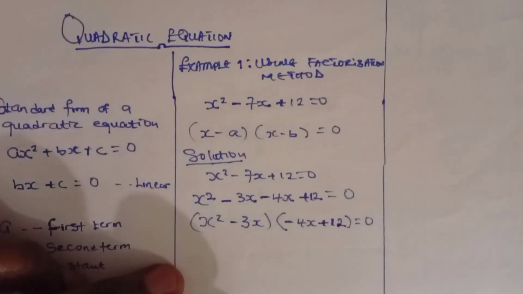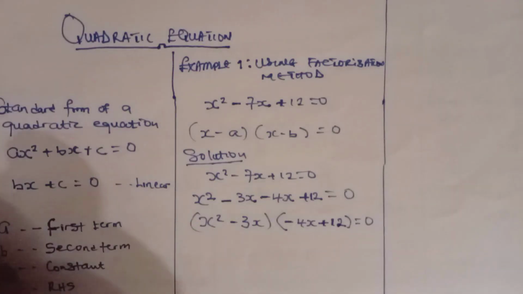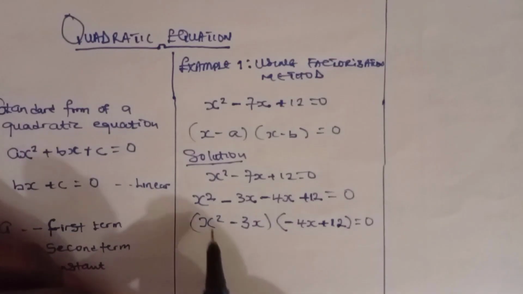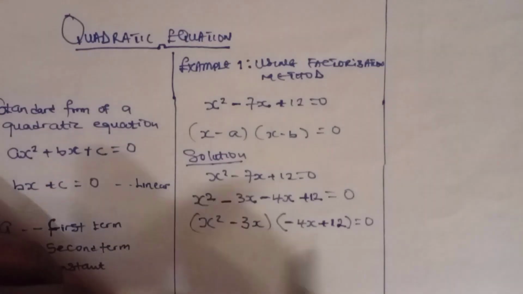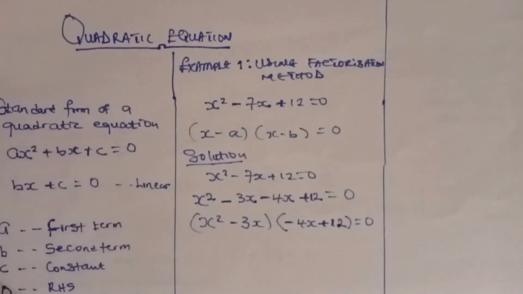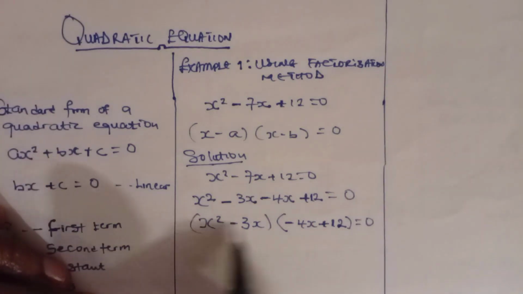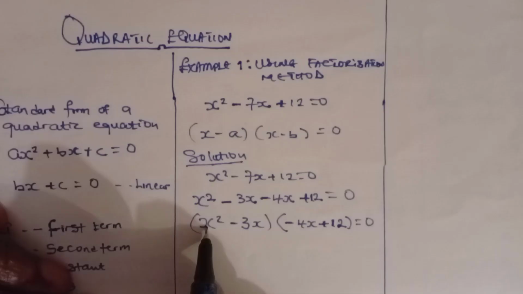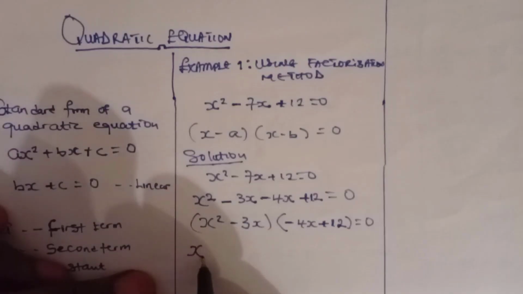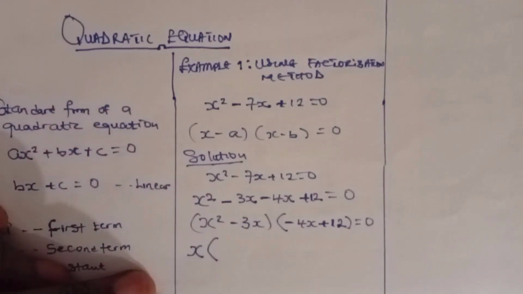Now you can actually pick out common terms and then you factor out the bracket. So what is common between these brackets here? If you check very well, in this bracket, x is common because we have x and we have x. So we can bring down x, bring the bracket.